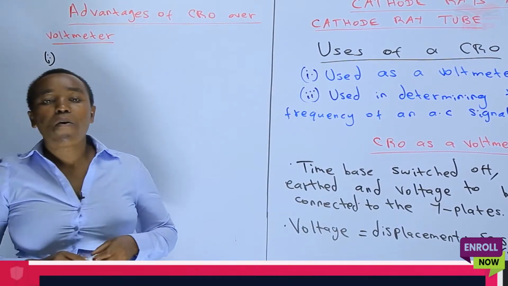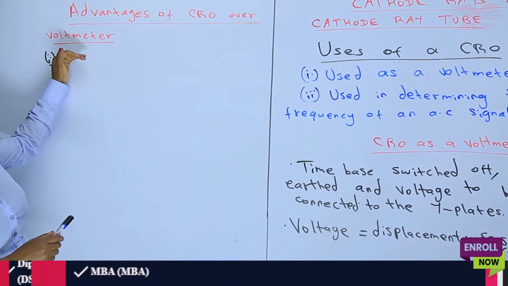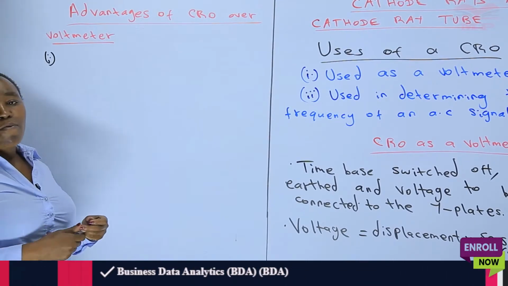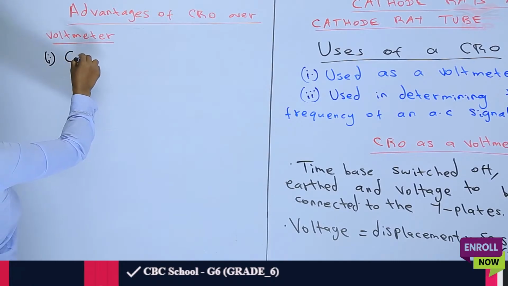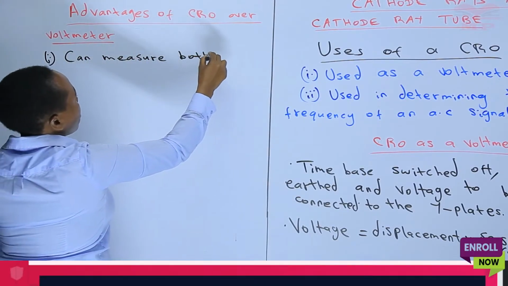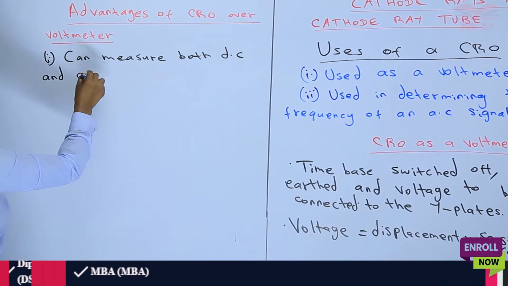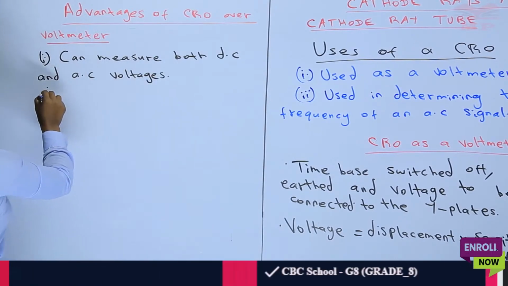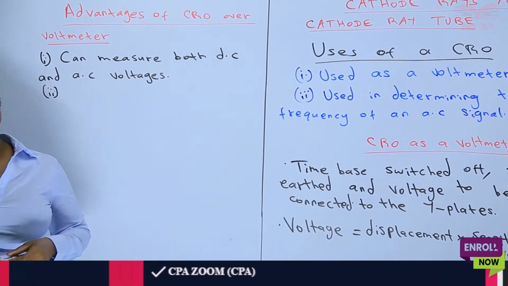Remember, the voltmeters that we use in the lab are mostly only used to measure direct current voltages. But the CRO can measure both the direct current and the alternating current voltages. So that's one of the advantages of a CRO over the voltmeter.